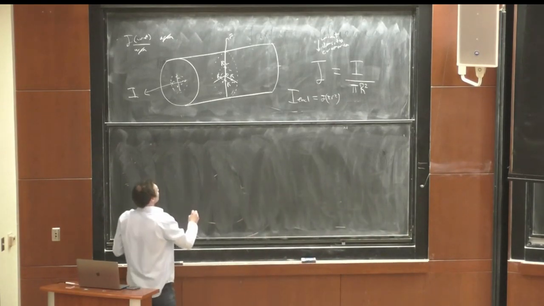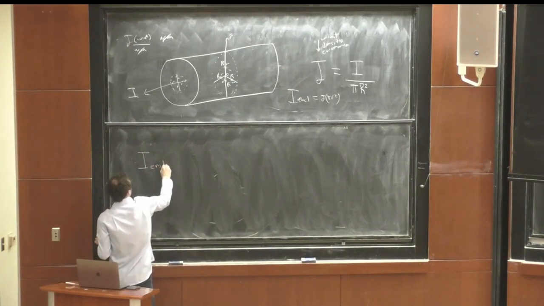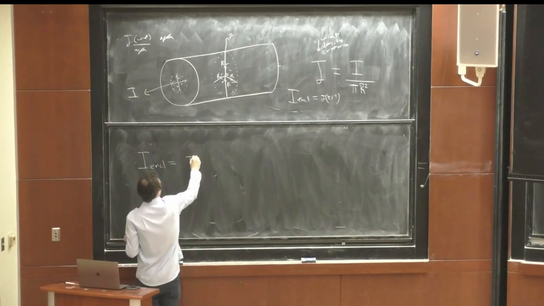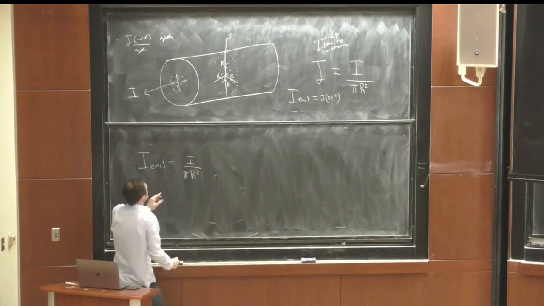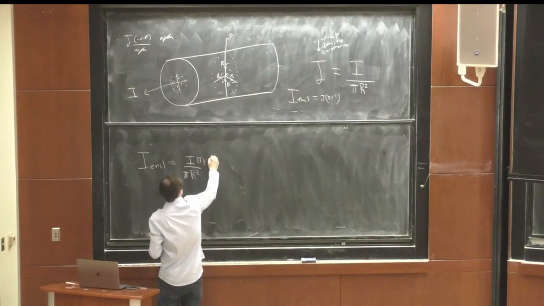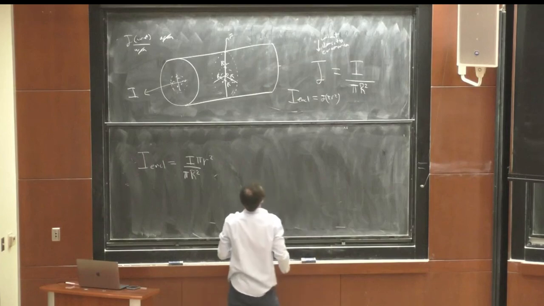Okay, so I've got I enclosed, and that's going to be equal to I over pi big R squared, because that's my J, and then I'm going to have pi little r squared on top, because that's the area, okay?